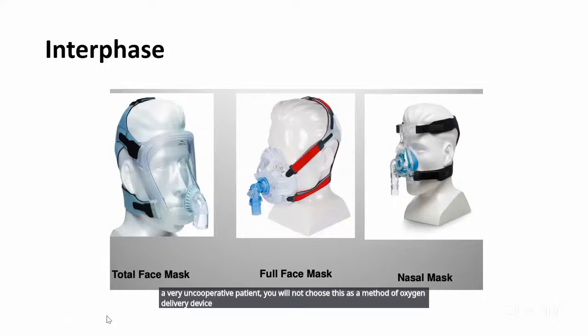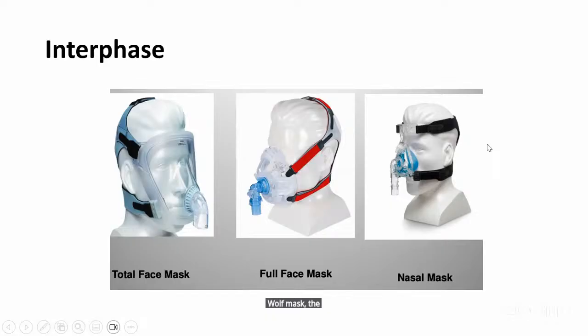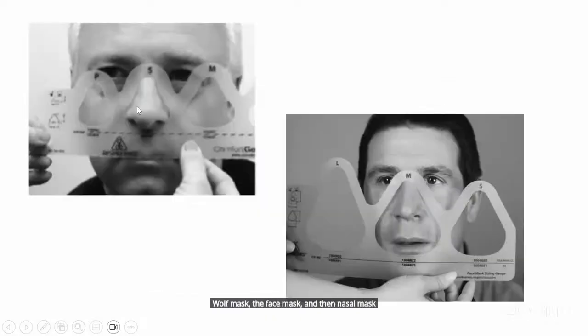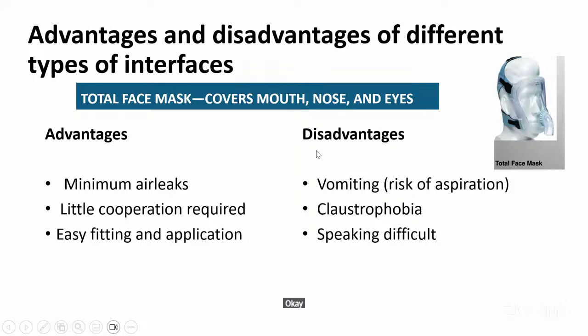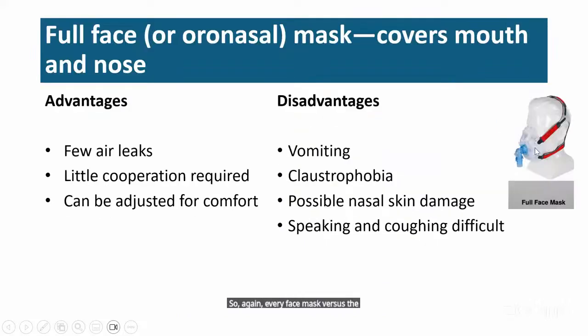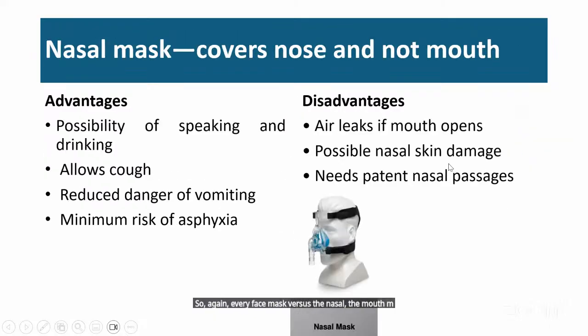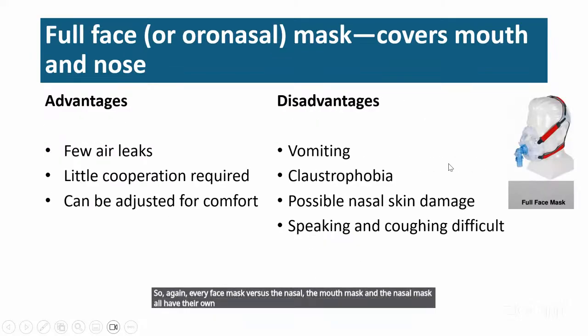These are the various interfaces which are being used: the full face mask and the nasal mask. This is how we choose the size of the nasal mask, and this is how we choose the size of the face mask. It comes in various sizes, small, medium, and large. Every face mask and nasal mask has its own advantages and disadvantages.